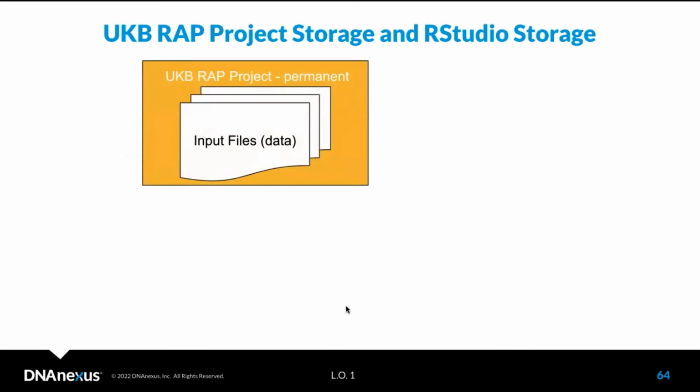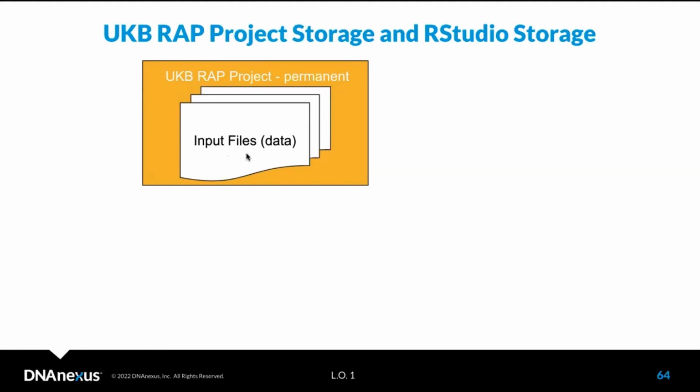Again, let's talk about RAP project storage and RStudio storage. For maybe the third or fourth time, but this is important: we don't want you to lose your work. This is your UKB RAP storage, and you can consider that permanent.